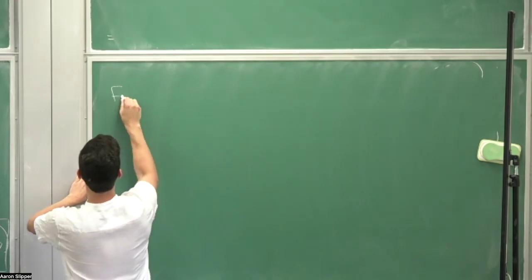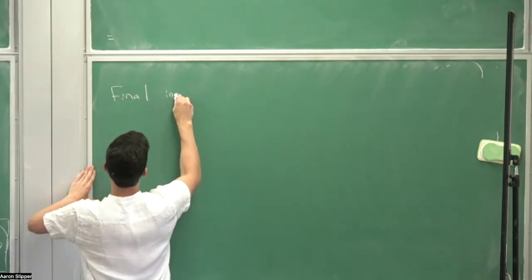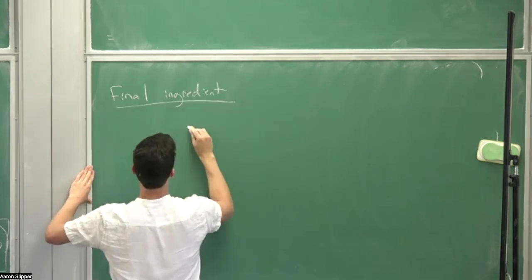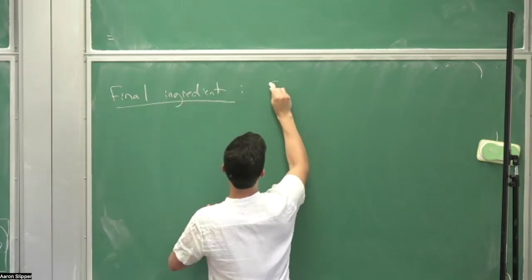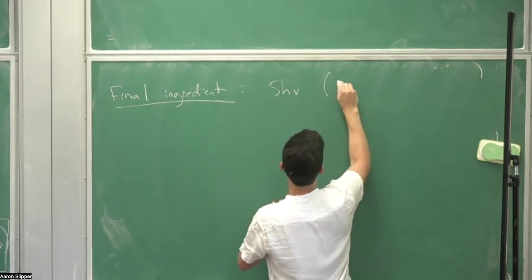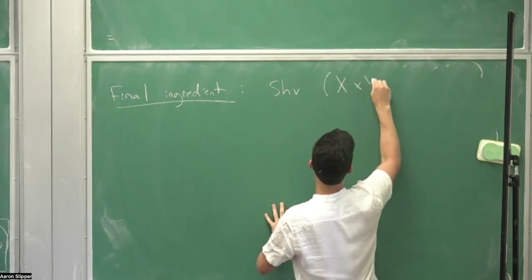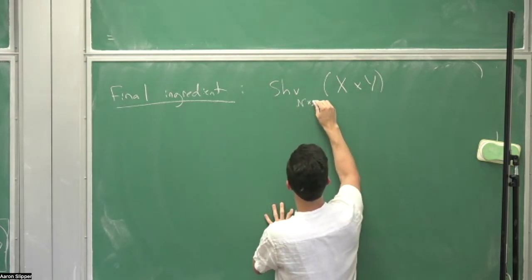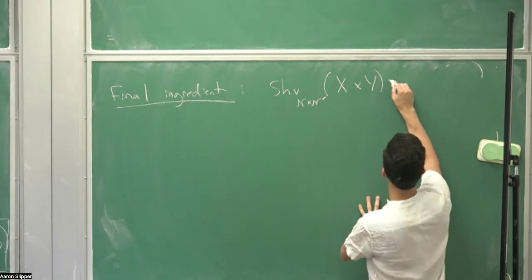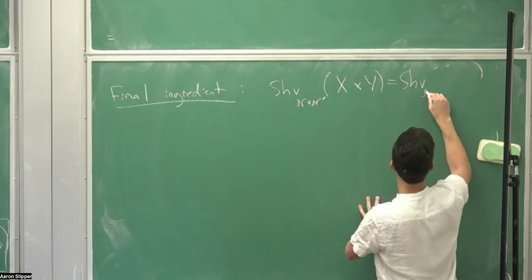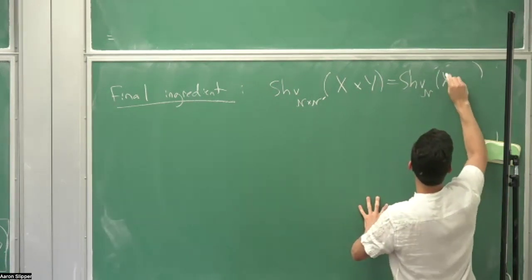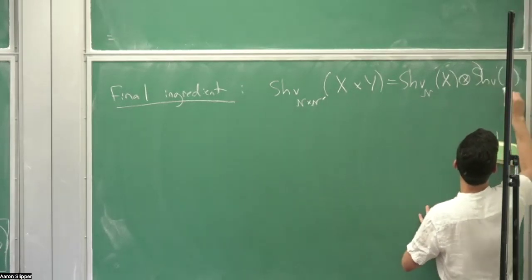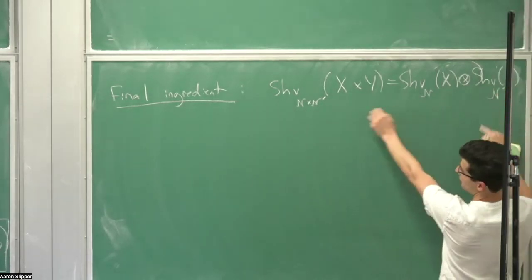So the final ingredient is that sheaves on any spaces X and Y with singular support along two Lagrangians is the same thing as sheaves on X tensor sheaves on Y with the respective singular support.